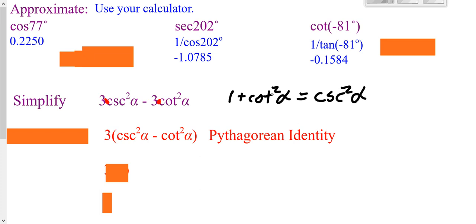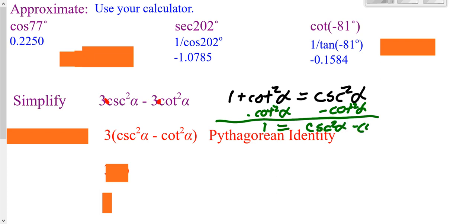Now, ours is not exactly like that, but if I subtracted a cotangent squared alpha from both sides, you see I get exactly what we're dealing with of a cosecant squared alpha minus a cotangent squared alpha. So this whole thing right here, I could simplify down to 1, and 1 times 3 is still just 3.